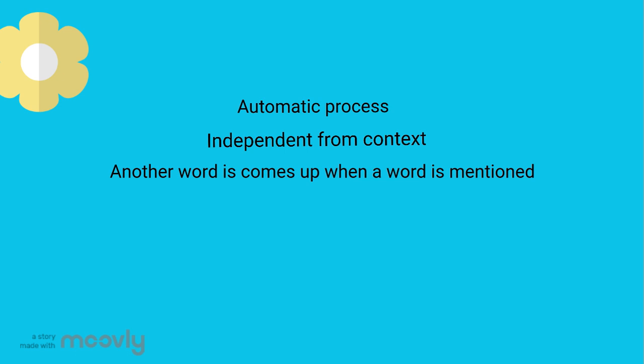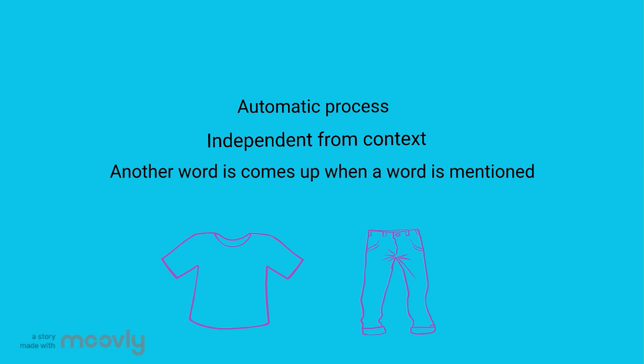So for example, a shirt. When you think of a shirt, what comes up is actually pants. And this is associative in a sense because you don't take a shirt and then after that you think of cake. So yes, it's an example of shirt and pants and associative priming.